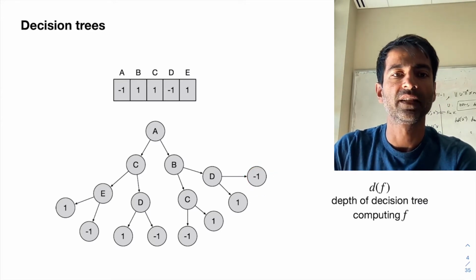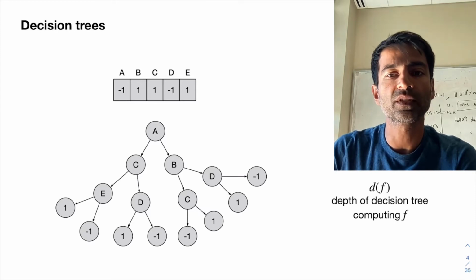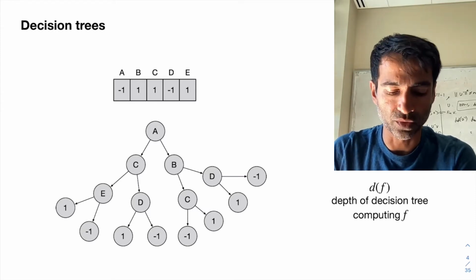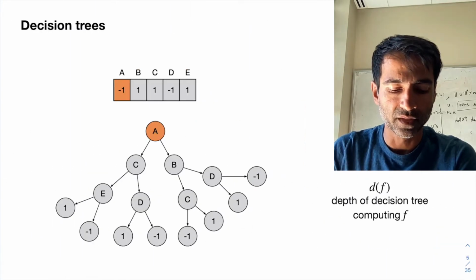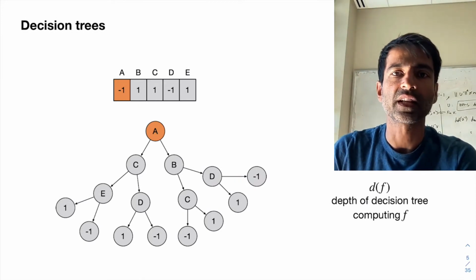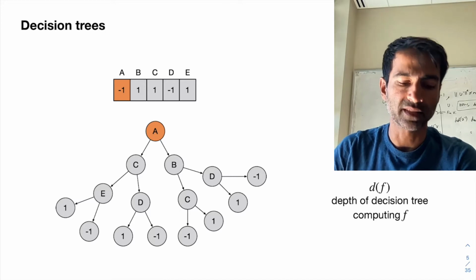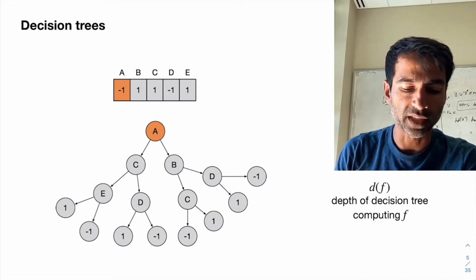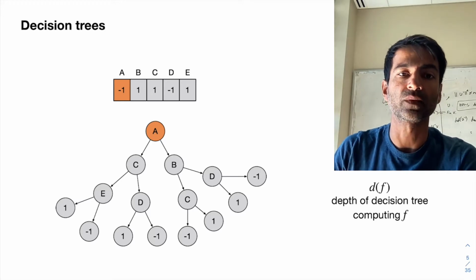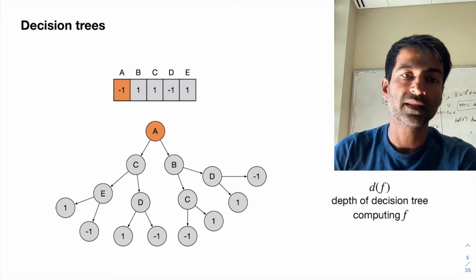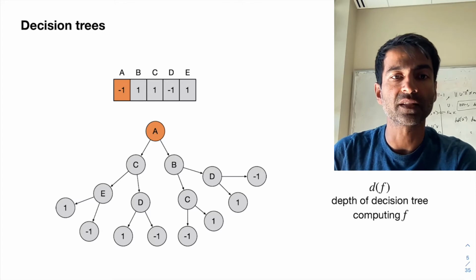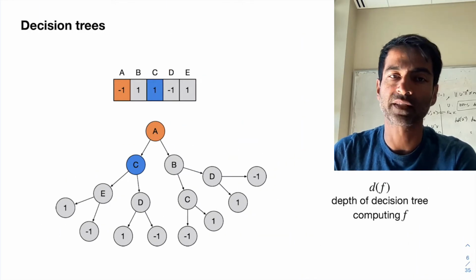To use this tree to compute the function, you proceed as follows. You start at the root and read the coordinate that corresponds to the root. In this case, the root reads the coordinate a, so the value of a in the input here is minus 1. So then, if the value is minus 1, you move to the left.